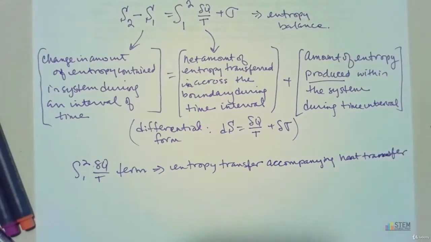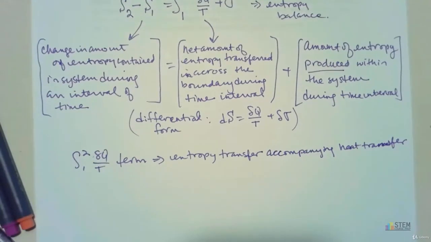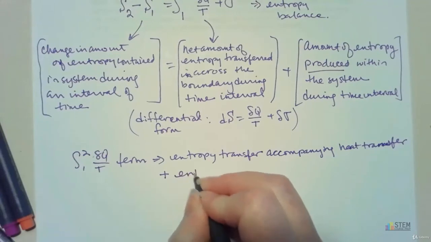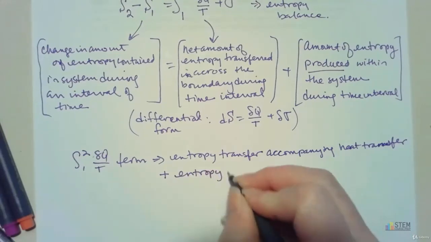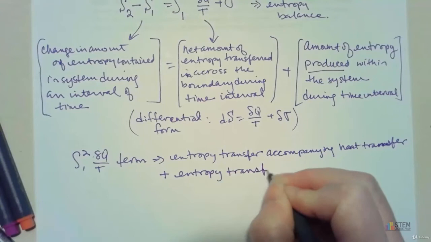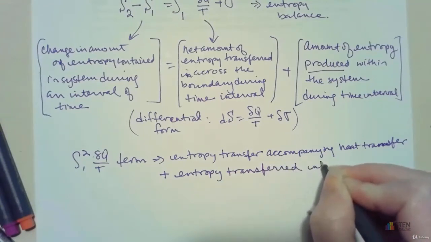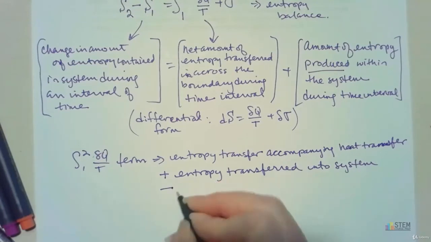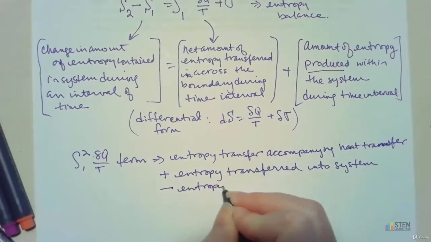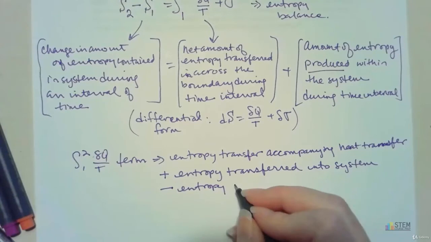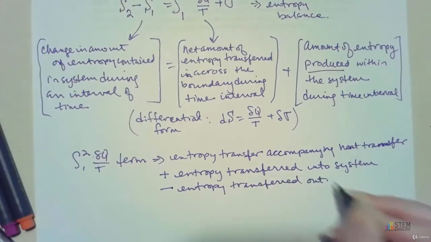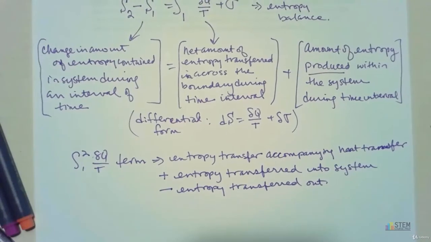Now there's going to be a sign convention with that, just like everything else. If you get a positive, you're going to have entropy transferred into the system. And if it's negative, that means it's transferred out. So we'll put entropy transferred out of the system.